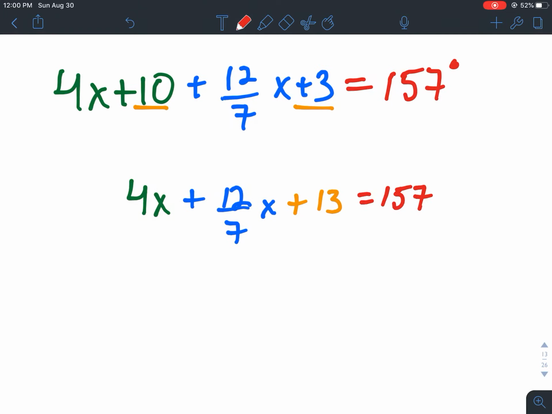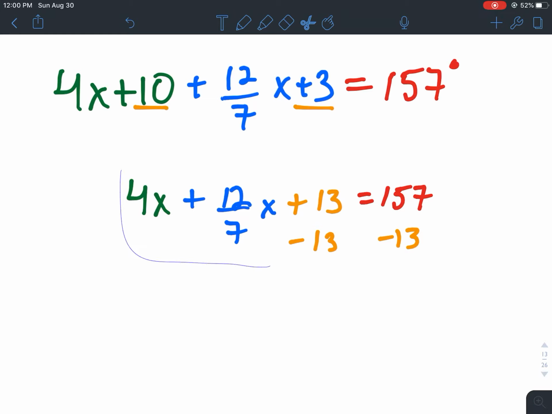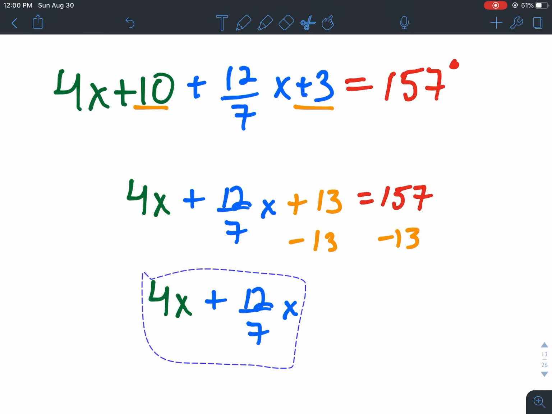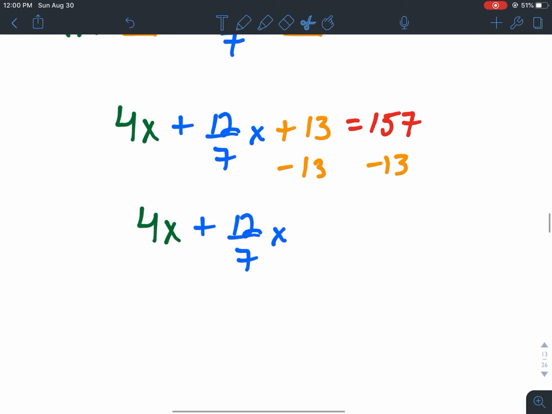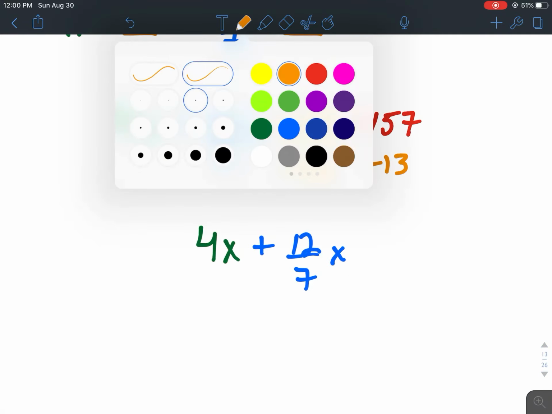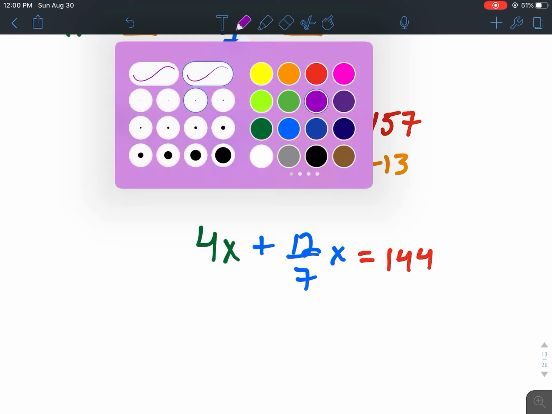Now before we get into dealing with the fraction, let's just move the 13 over by subtracting 13 from both sides. So we are left with 4x plus 12 over x plus 7, that's going to equal now 144.